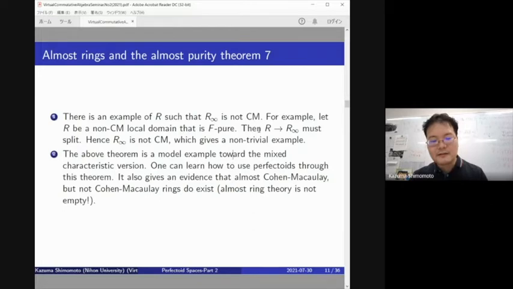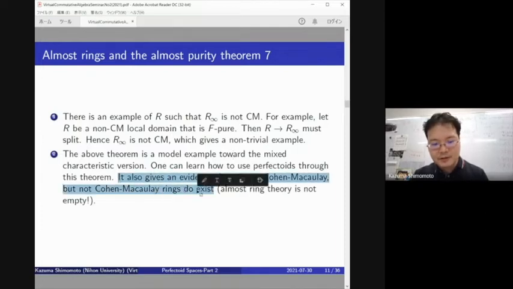So we can construct an example R that is non-Cohen-Macaulay but F pure. Then we provide an example of R infinity that is not Cohen-Macaulay but almost Cohen-Macaulay. So we have tons of almost Cohen-Macaulay algebras using this theorem in characteristic P. In some sense, almost ring theory is not an empty theory. This is my point.